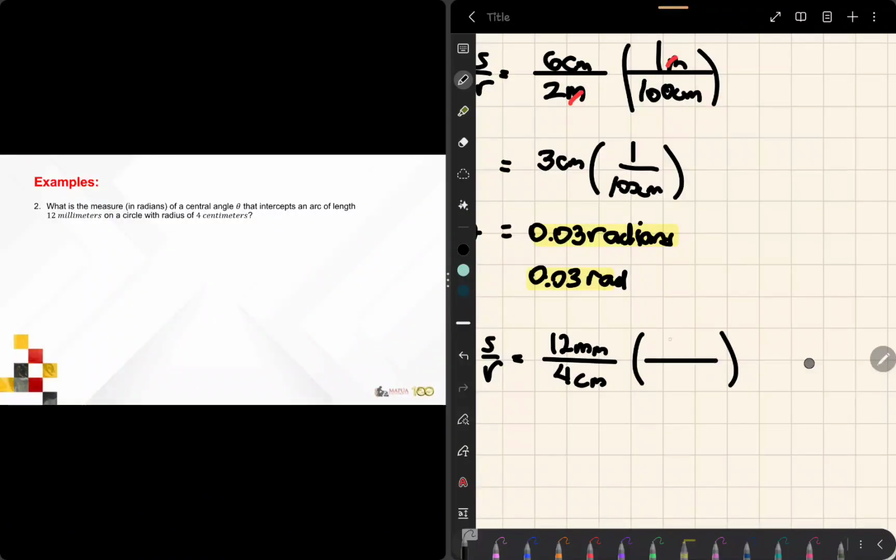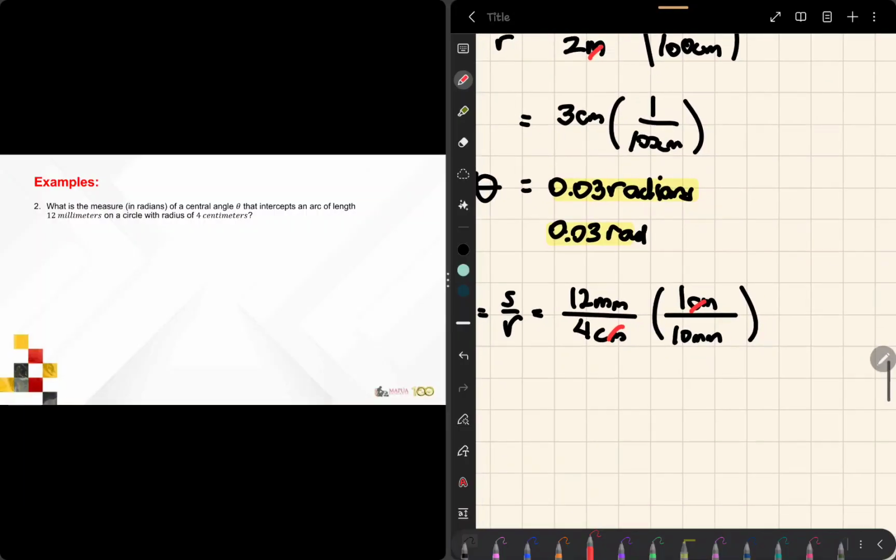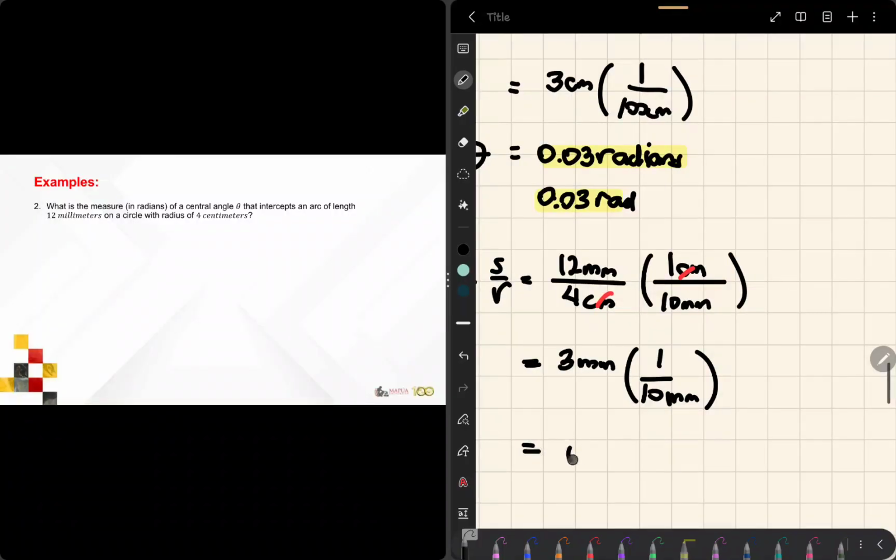We all know that for every 1 cm, we have 10 mm. So now we can convert. We can cancel out our units, giving us 12 divided by 4. We have 3 mm times 1 over 10 mm, giving us 0.3 radians, or simply 0.3 rad.